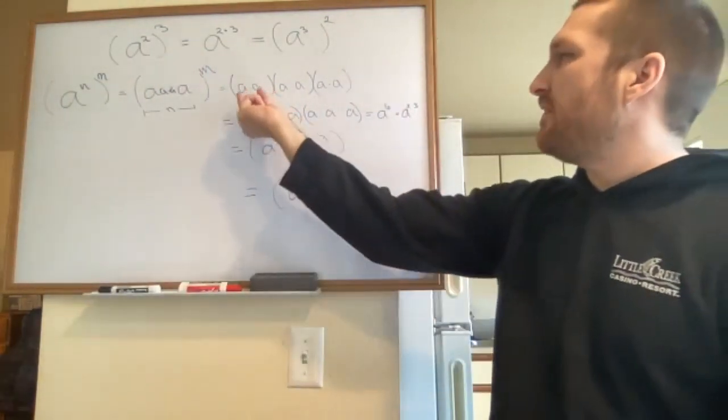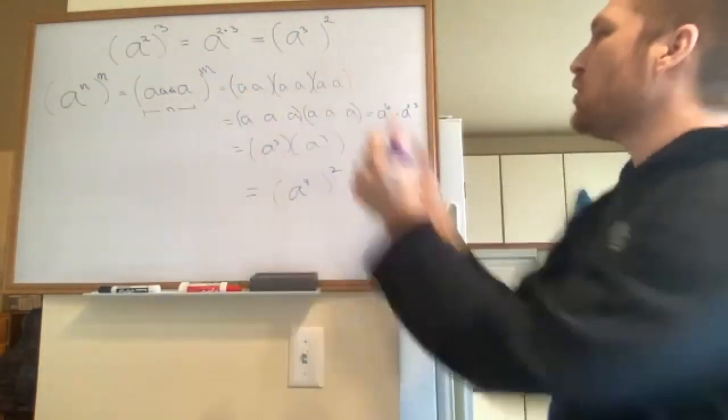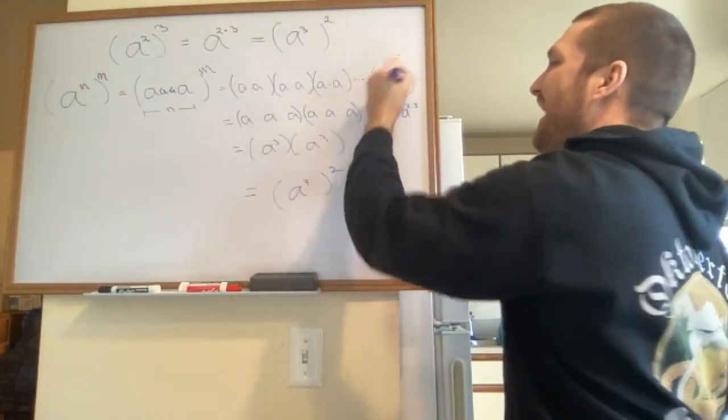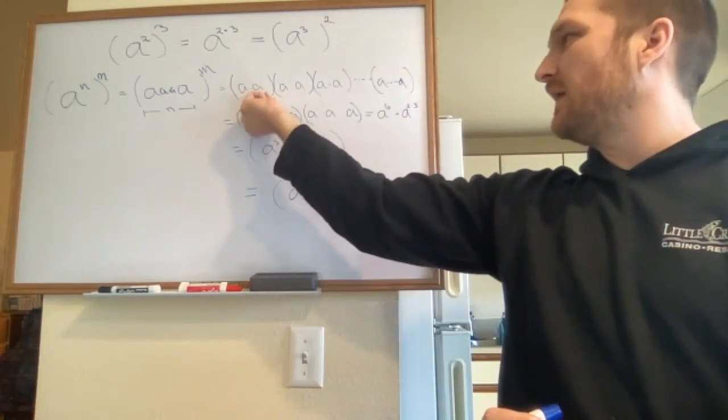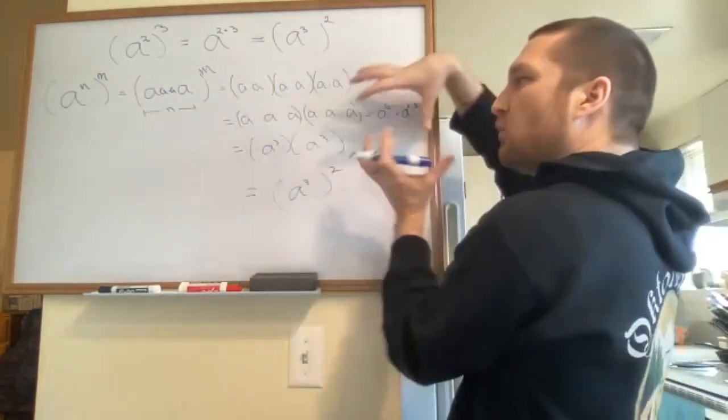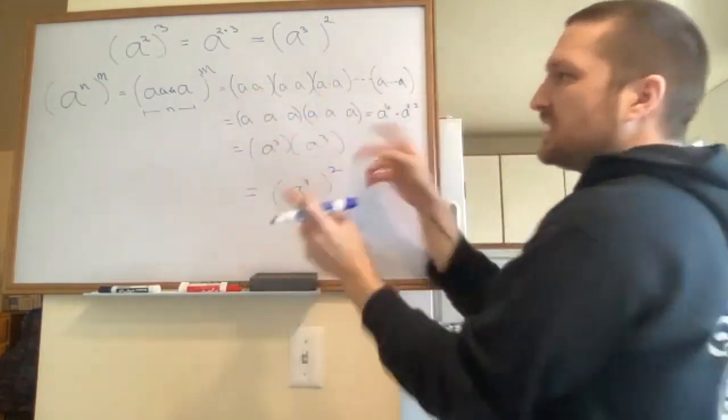And so then we'd have m groups of n a's. You have n number of a's here, n number of a's here, and we can rearrange them. But the rule stays the same, right?